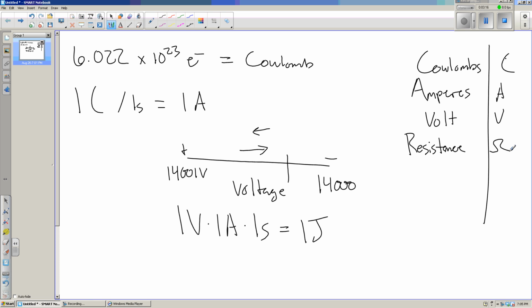And the relationship between volts, current, and resistance is given by Ohm's law: volts V is equal to current I times resistance R. So if we have a constant electric potential difference, and we increase our resistance, our current, of course, is going to go down, and vice versa.